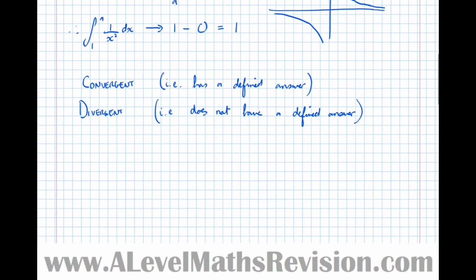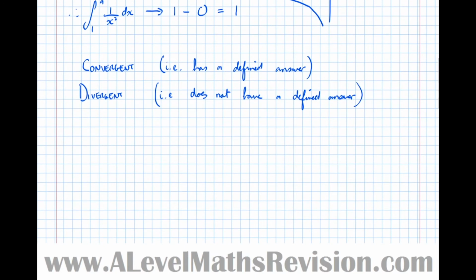So I'm going to go through an example now of a divergent improper integral. Let's say we're going to do the integral between 1 and 0 of 1 over x dx. Notice here that the integral isn't defined at 0, so 1 over x isn't defined when x equals 0, so it's an improper integral.